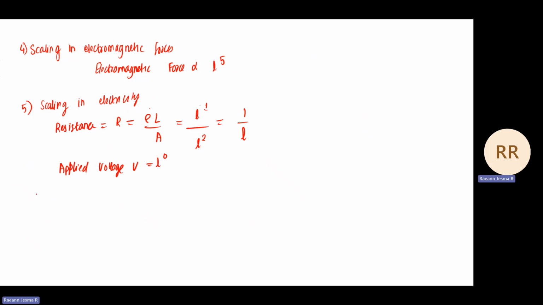Electric field energy density U is given by half into epsilon into E squared.